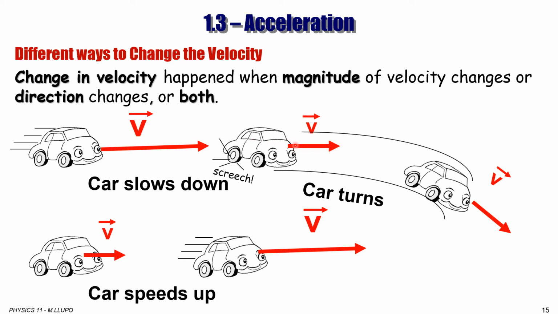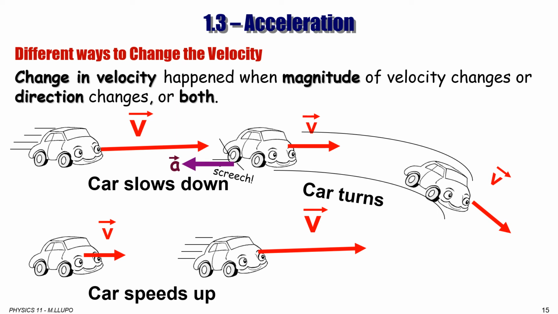So it is going to get smaller. If the final velocity gets smaller, that means that it's slowing down. So what does it mean? When it slows down, the acceleration has to go against the initial velocity. So if initial velocity is positive and slowing down, then acceleration has to be negative.